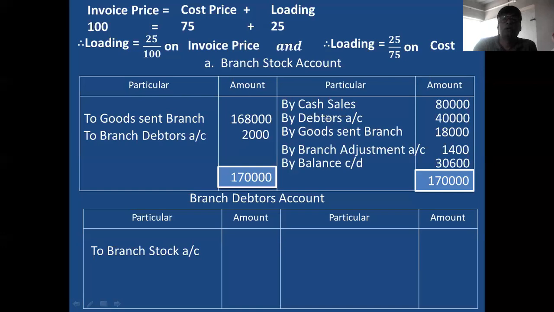You see this. Here you recorded branch debtors account in the stock account by debtors, and in the debtors, to branch stock account.